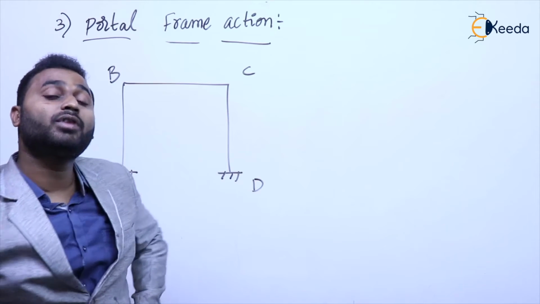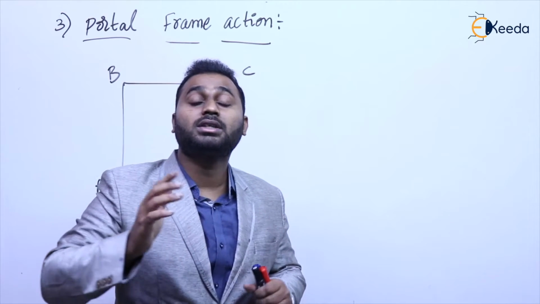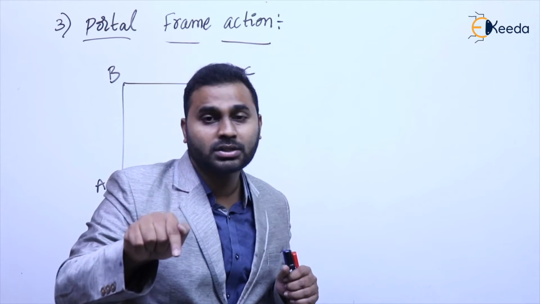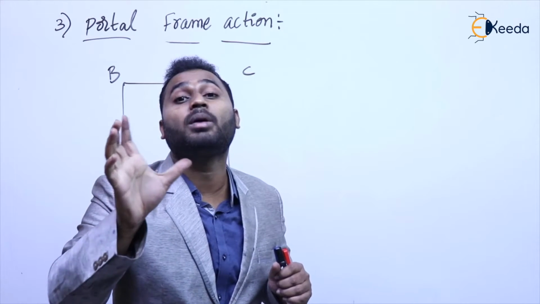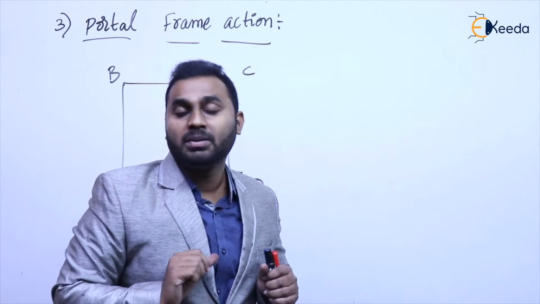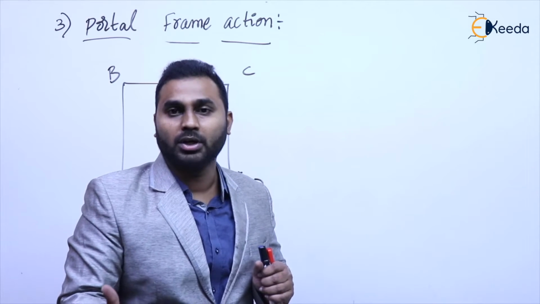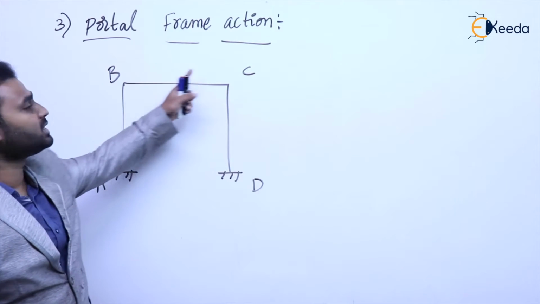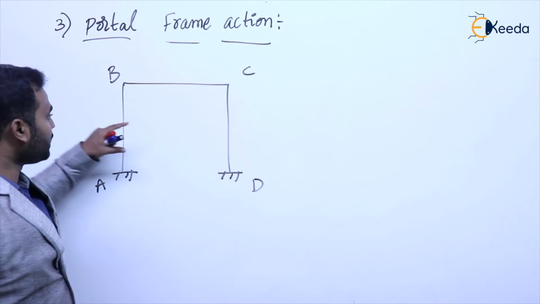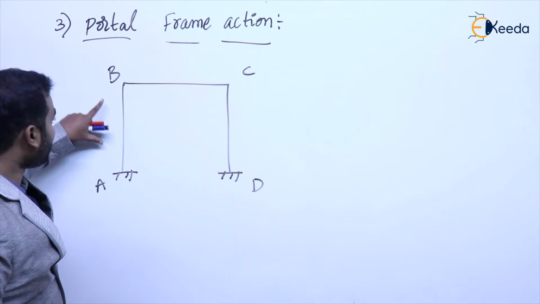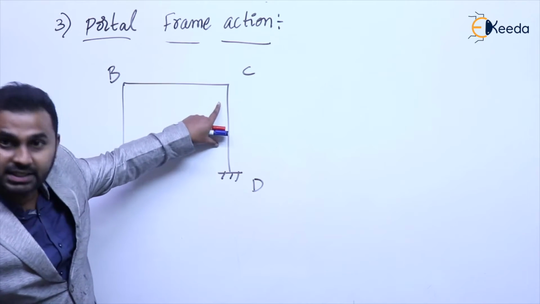Because of the rigidity of the joints here, the columns are subjected to axial loads as well as end moments from the beams or girders framing into the column. If you see here, BC is a beam. Now this beam is framed into the columns AB and CD.